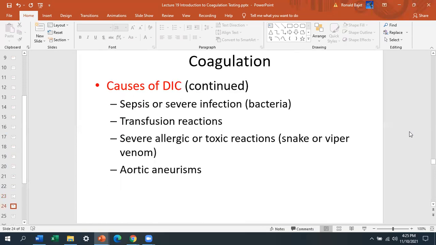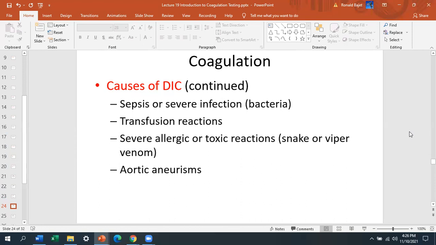Other causes of DIC: sepsis, bacterial infection. Sepsis is a positive blood culture when you have bacteria in your blood. Septicemia is the same thing. Bacteria in your blood, a severe bacterial infection, can set off DIC. Transfusion reaction means you've been given incompatible blood, and you're actually reacting to it.